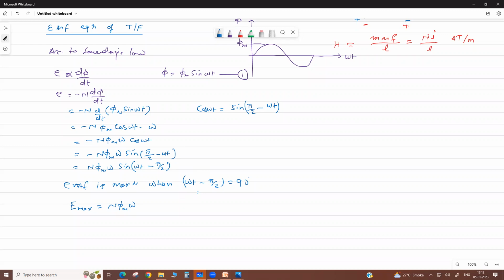Now omega is a frequency. Omega is nothing but the frequency in radians per second.